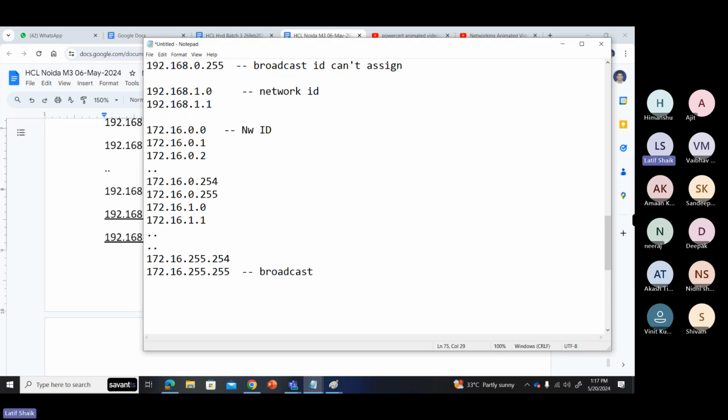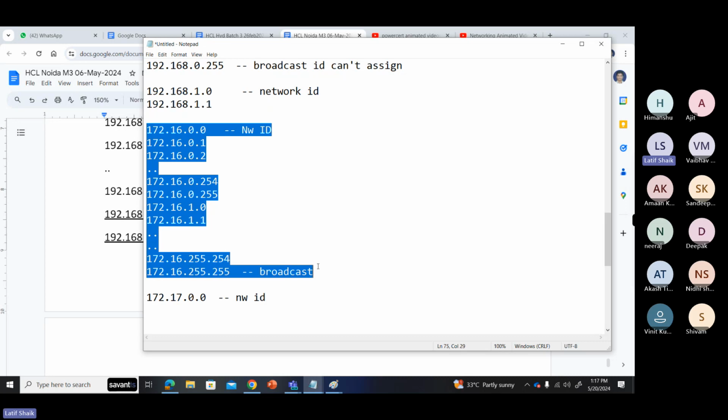Why broadcast? If you see, what is the next one? Can you tell me what is the next one? 172.17.0.0. Now it is another network. From here to here, it is a single network.